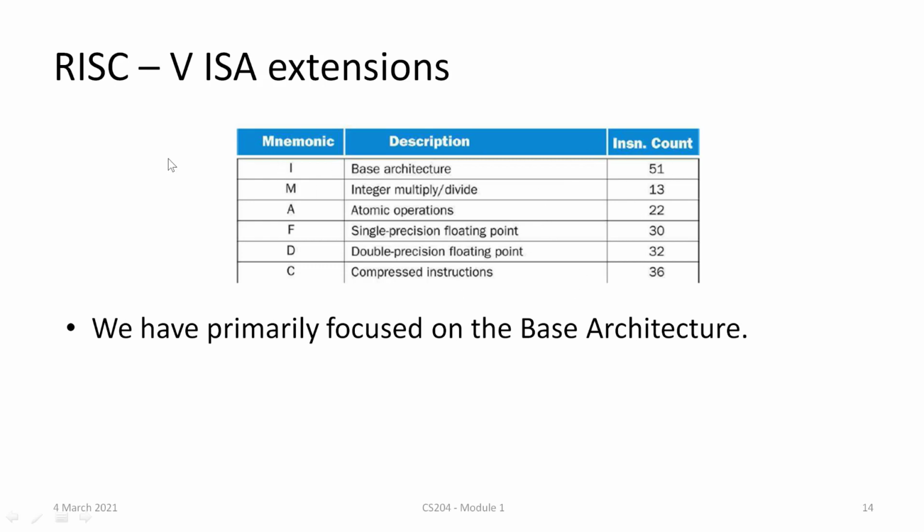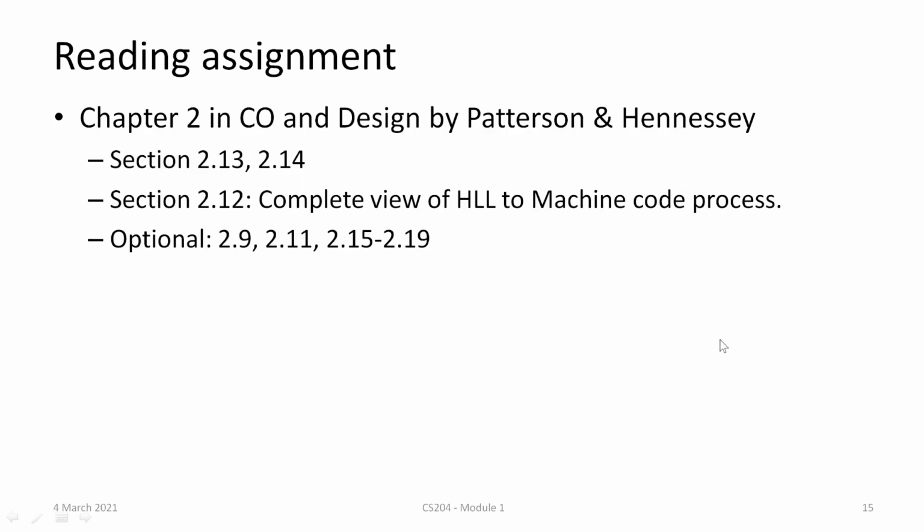We have limited ourselves only to the base architecture. That's the reason I have clearly specified in one of the lab tasks of lab 3 that you restrict yourself to integers and forget about any decimals or anything like that. Okay. So with that, we conclude module 1.